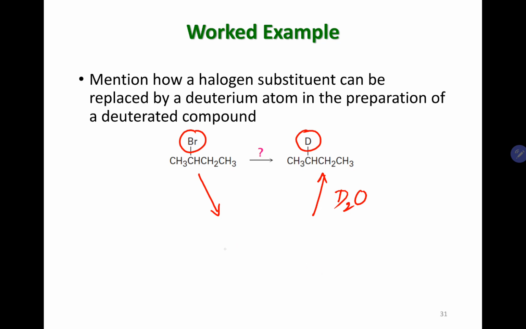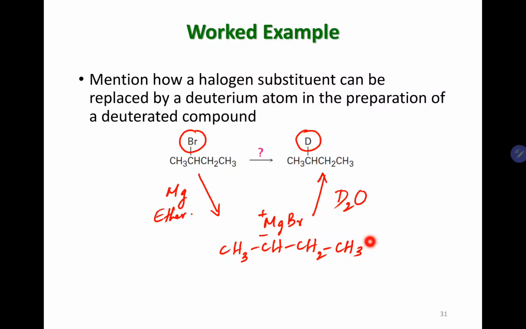So you will synthesize a Grignard reagent. This will be your Grignard reagent. To get to this Grignard reagent, you will use magnesium, and you can use ether as a solvent.